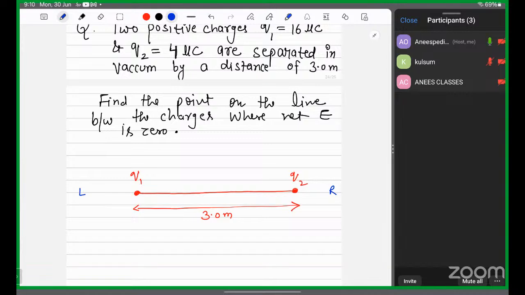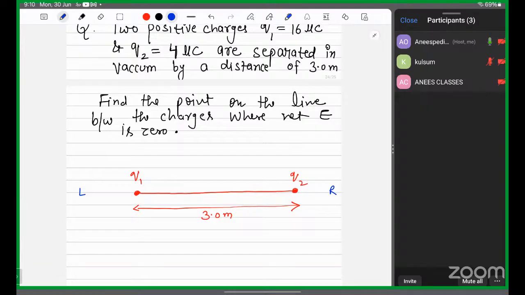Is it possible that we can have a point where electric field is zero in the left region? How will that happen, tell me? Charges Q1 and Q2 have the same polarity. So at any point in the left region, the electric field vector will be in the same direction due to charge Q1 as well as charge Q2.